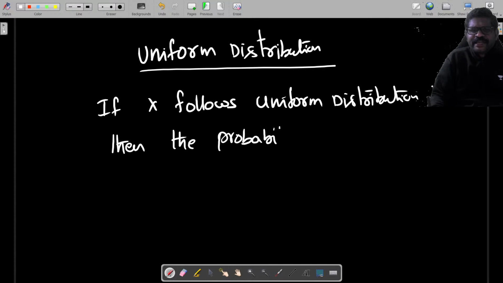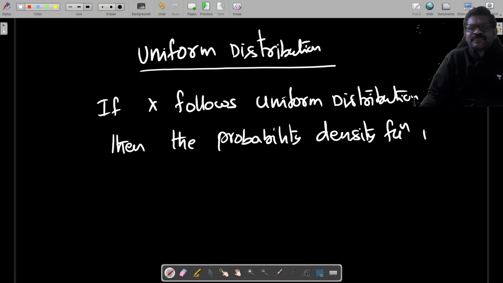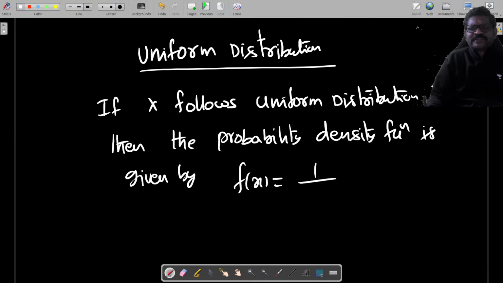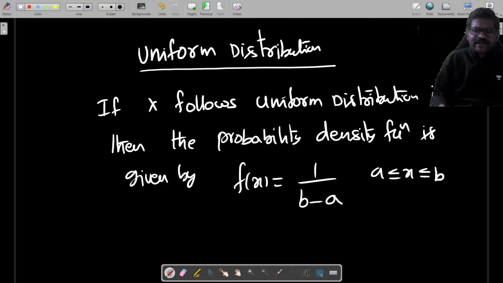the probability density function is given by f of x is equal to 1 by b minus a, for a less than or equal to x less than or equal to b.